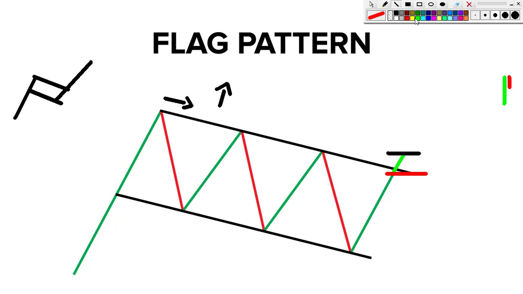As I mentioned, flag patterns mostly occur during an uptrend. So these little pullbacks right here, these ones which are occurring, this is where you can form a flag pattern.